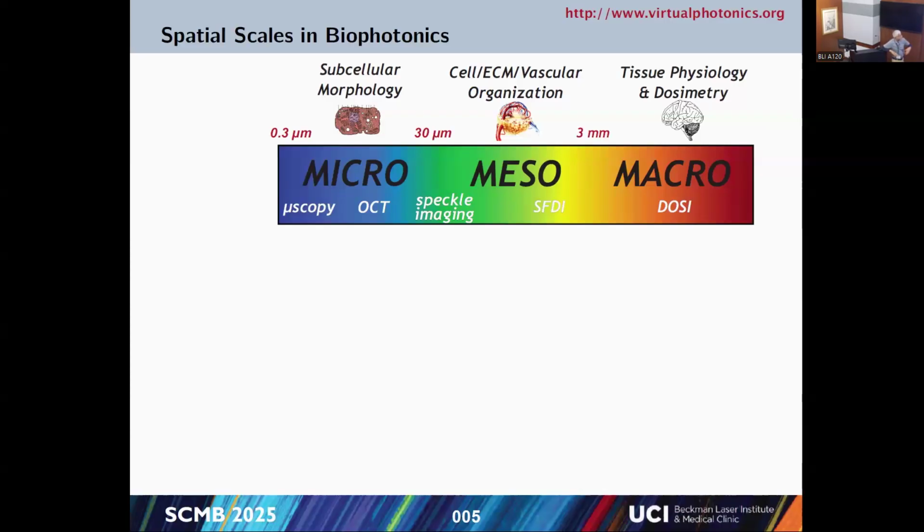And so speckle imaging allows you to go a little deeper, but you're leveraging coherence, but not in a spatially organized way. You rely on correlations, either temporal or spatial correlations of that interference pattern to figure something out in terms of the structure and function of the tissue.